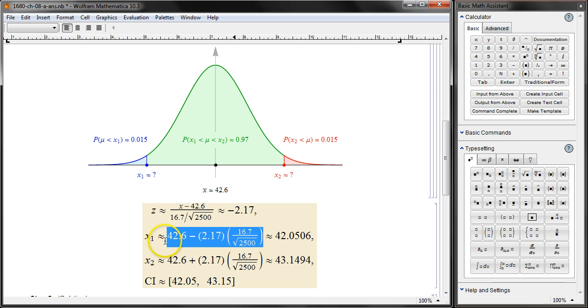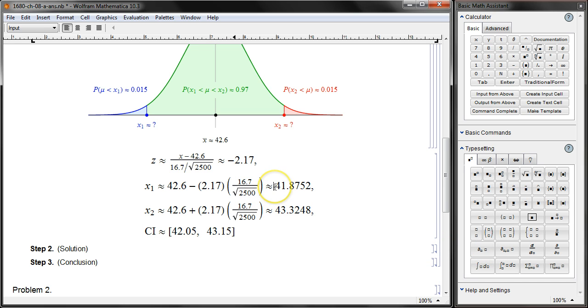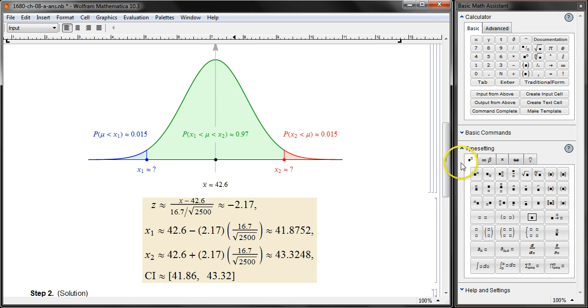And calculate these endpoints out. 41 point something. So definitely smaller. And if this is plus 43 point something, 3.3, again definitely larger. Okay, there goes our confidence interval if we have 97% there.